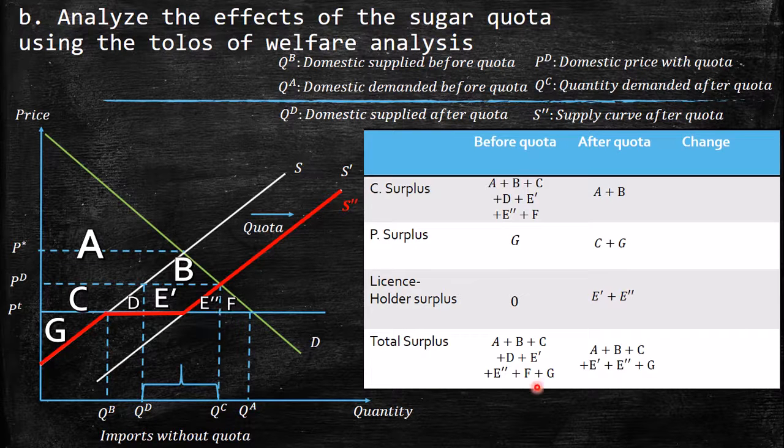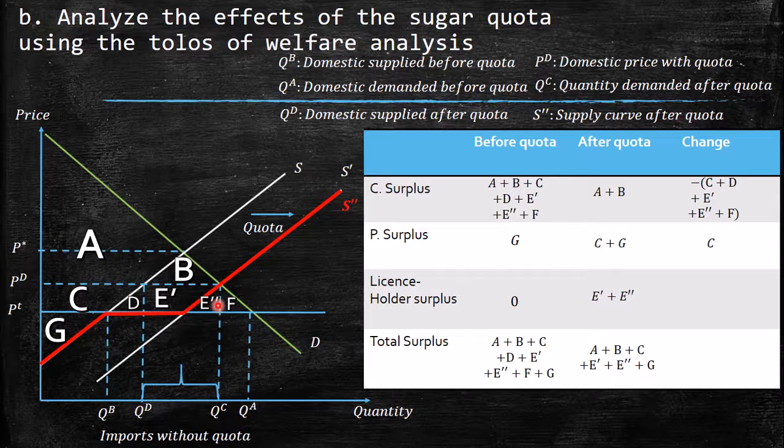So after the quota, again you will have these two triangles, D and F, because as you notice this is taken by nobody. So here is the change. Consumers are really affected because of that. They lost all this part. C is transferred to the producers, D is considered a dead weight loss, as is F, and this E prime and E2 prime is transferred to license holder surplus.